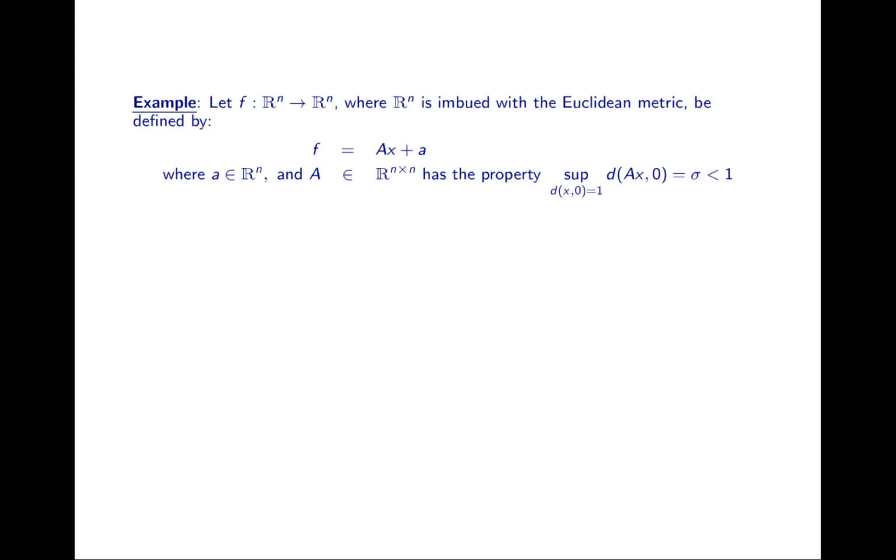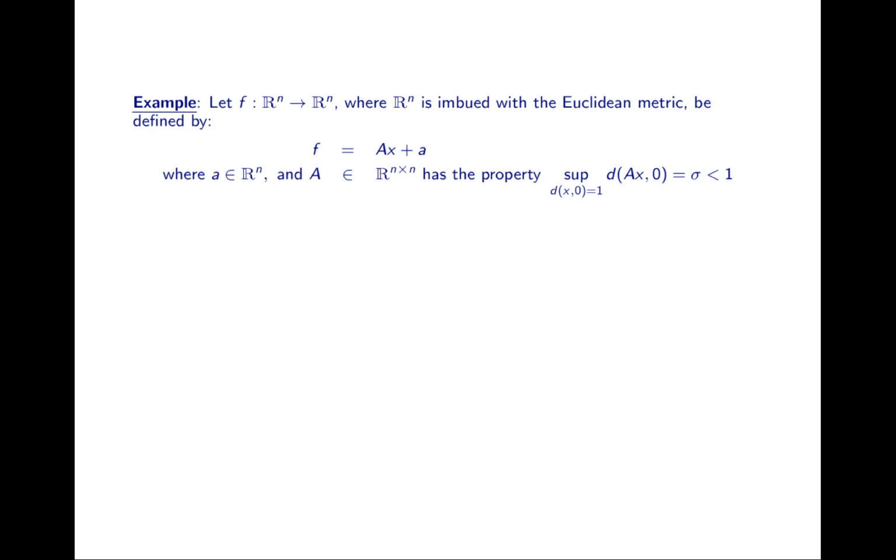In other words, if I apply A to the unit ball, right, all vectors that satisfy this are vectors on the boundary of the unit ball, or the unit circle. If I apply A to all of these vectors, then the unit ball shrinks.